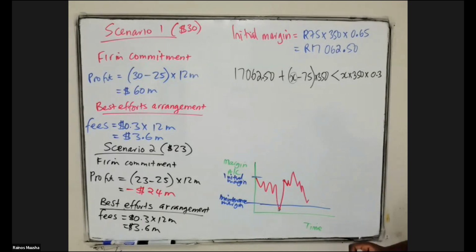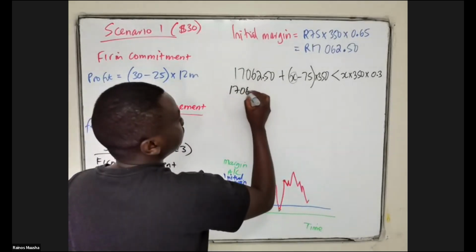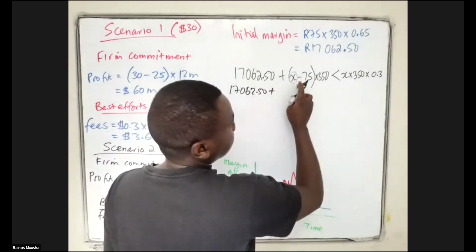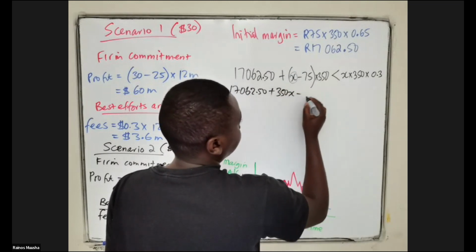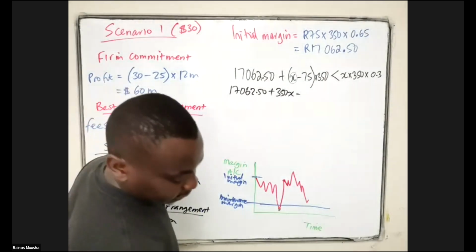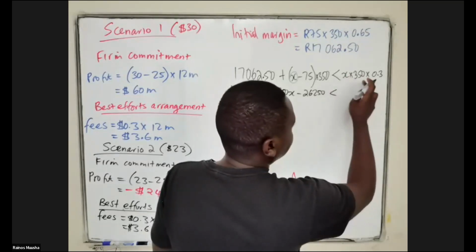So to solve for X, we're now going to say 17,062.50 plus X times 350 gives you 350X, minus 75 times 350. How much do you get? 75 times 350 is 26,250. 26,250 is less than 350 times 0.3.